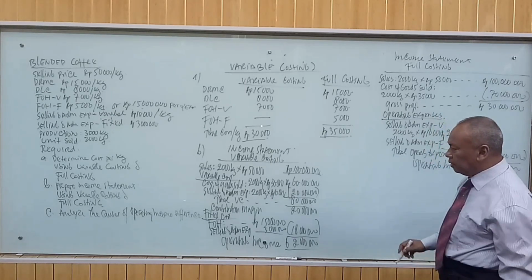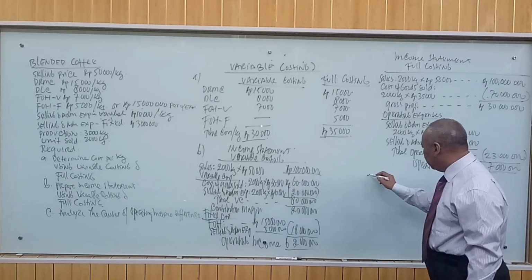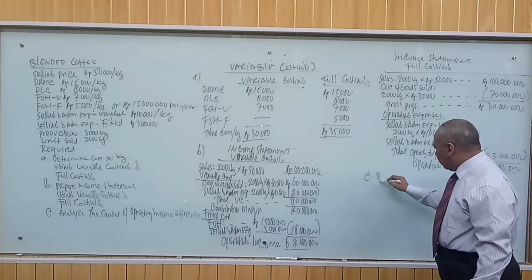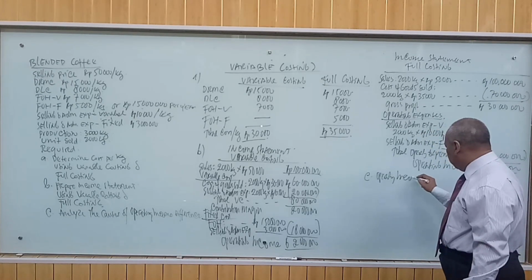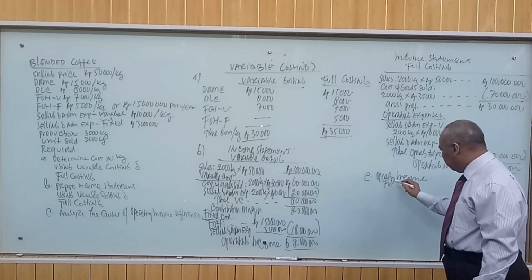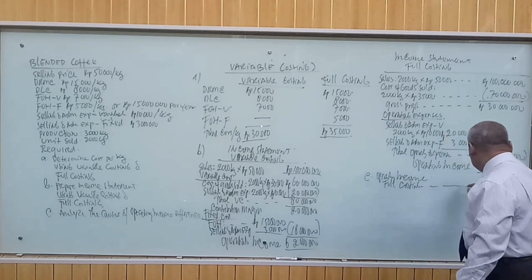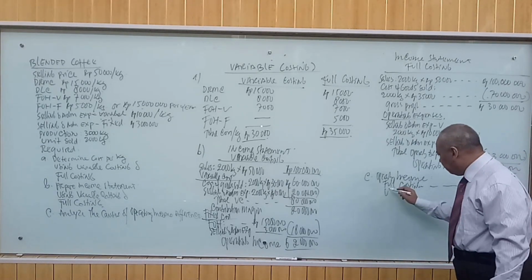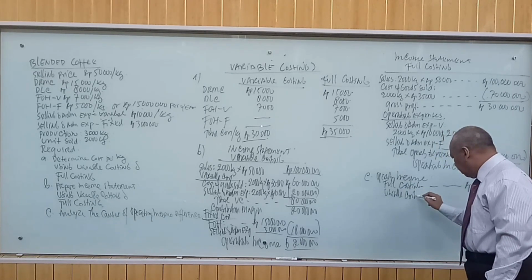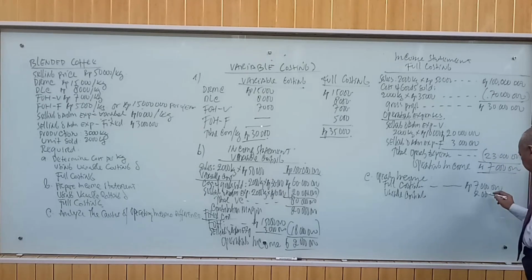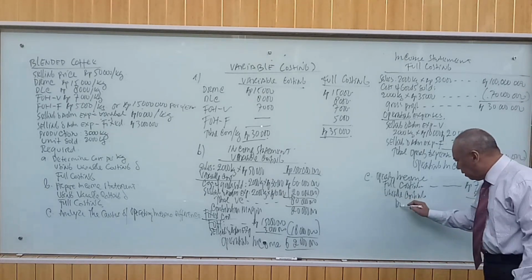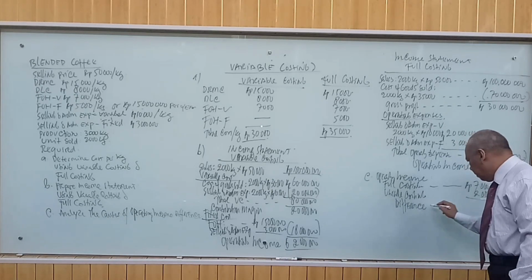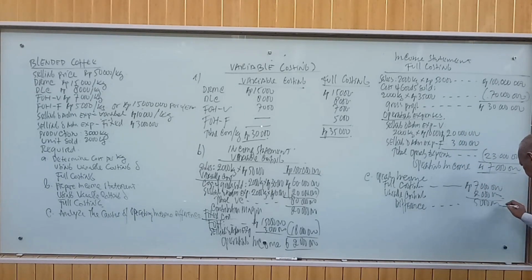What's the difference? So if we answer the question, the operating income using full costing is 7 million, and using variable costing is 2 million. So there is a difference of 5 million. How can we analyze this variance?